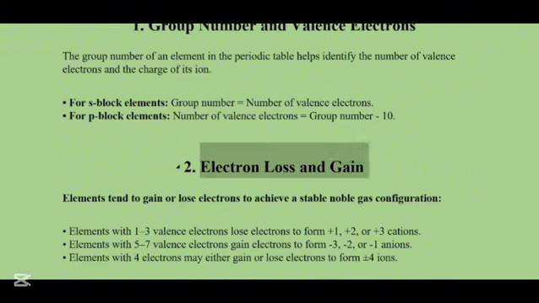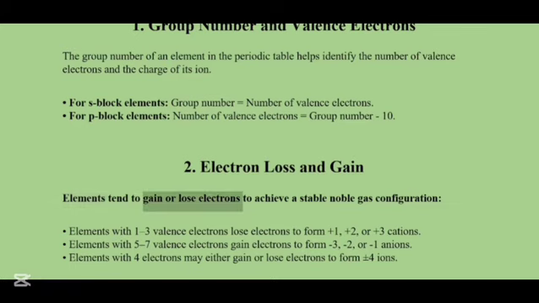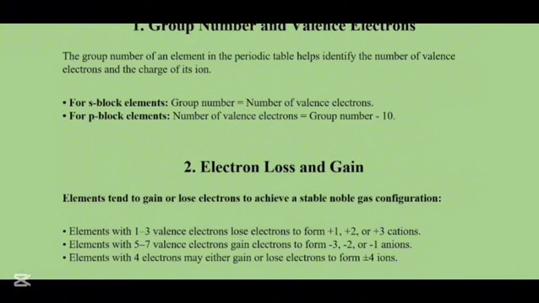Now electron loss and gain. Elements tend to gain or lose electrons to achieve a stable noble gas configuration. Now the elements with 1 to 3 valence electrons lose electrons to form +1, +2 or +3 cations, and elements with 5 to 7 valence electrons gain electrons to form negative anions.